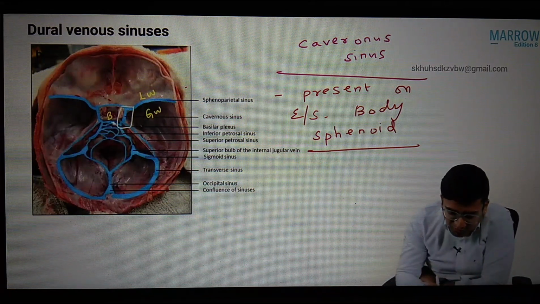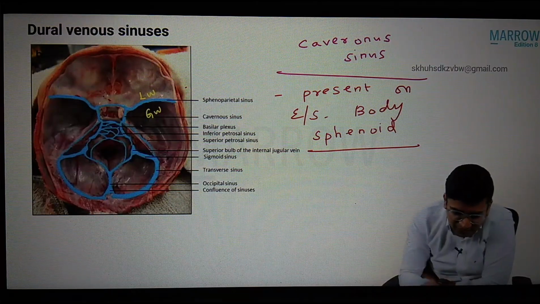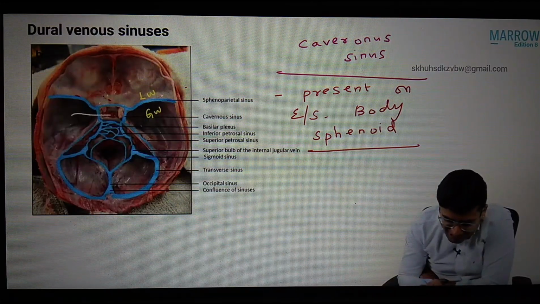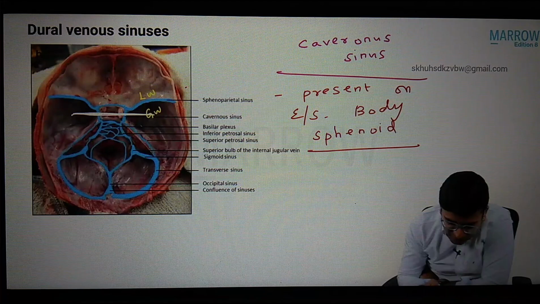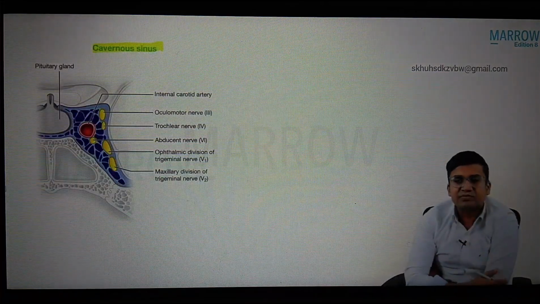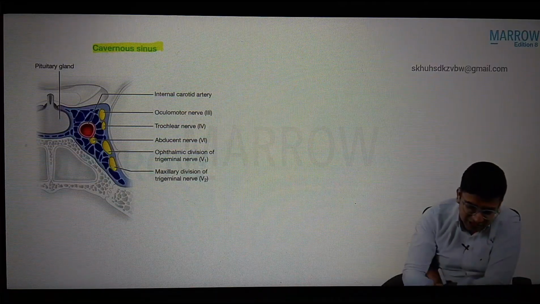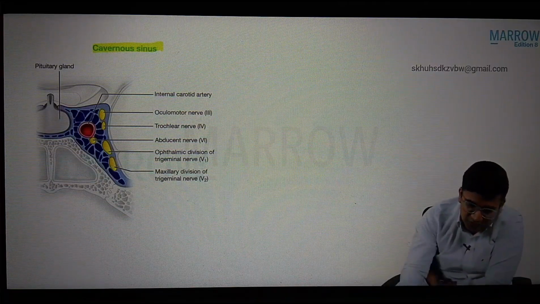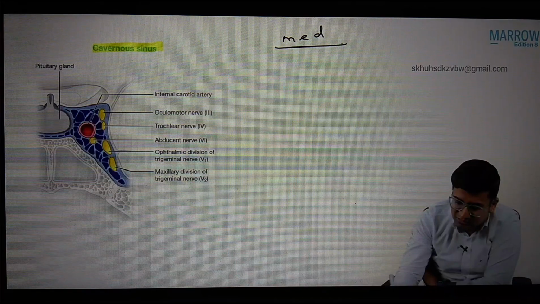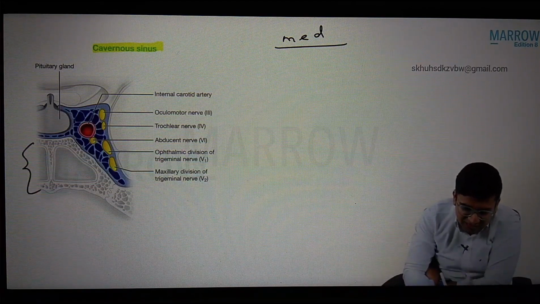So now we're going to take a section. We're going to cut the bone in this plane, and you get a diagram like this. Okay, this is the cavernous sinus. Now medial to the cavernous sinus, you are seeing this bone.